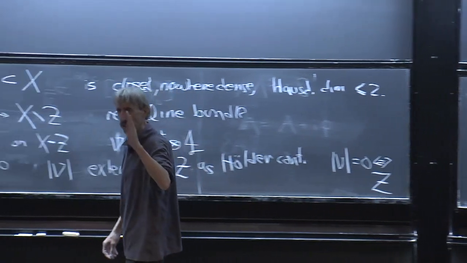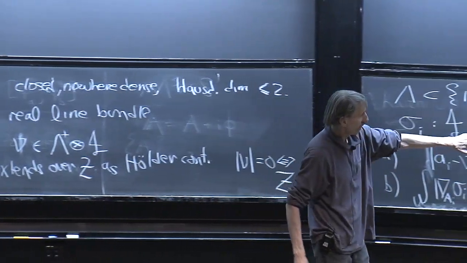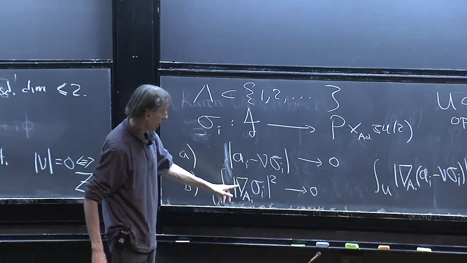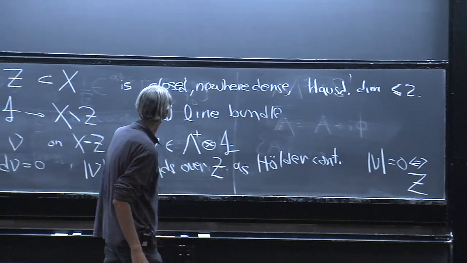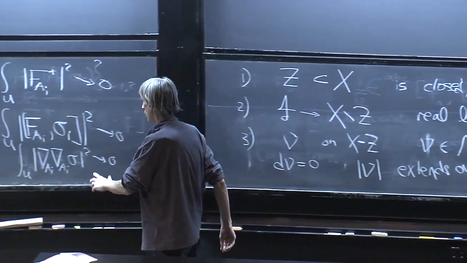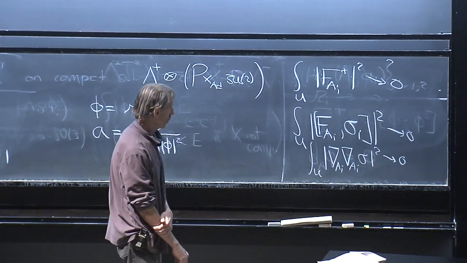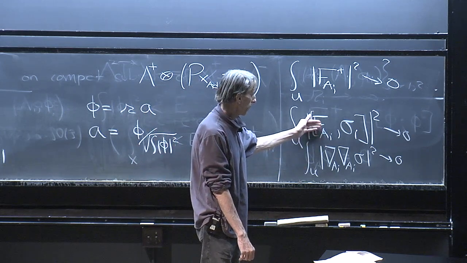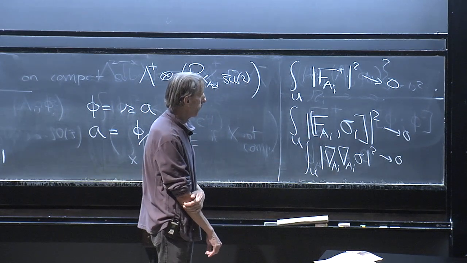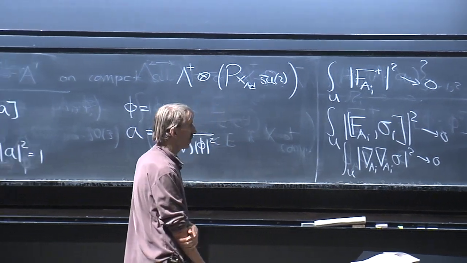All the components of A are trying to align themselves with respect to this part of the Lie algebra, and the connection is trying to be reducible. And the self-dual part of the connection is going to 0. And that's basically what I can say about the limit. It's not clear that I can actually say that the connection itself is converging. But at least some aspect of it is converging.